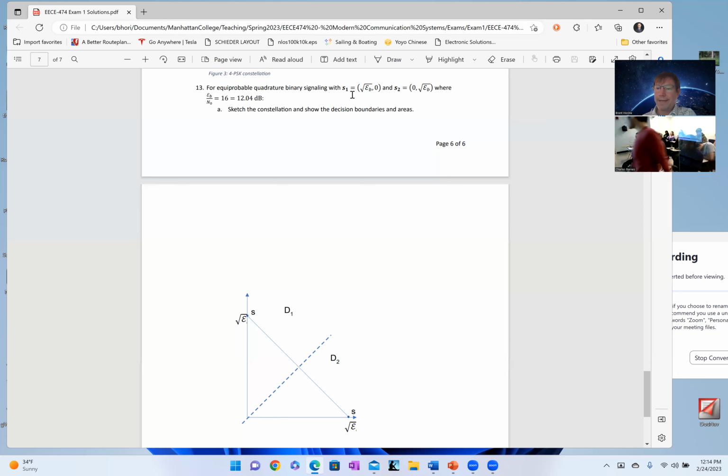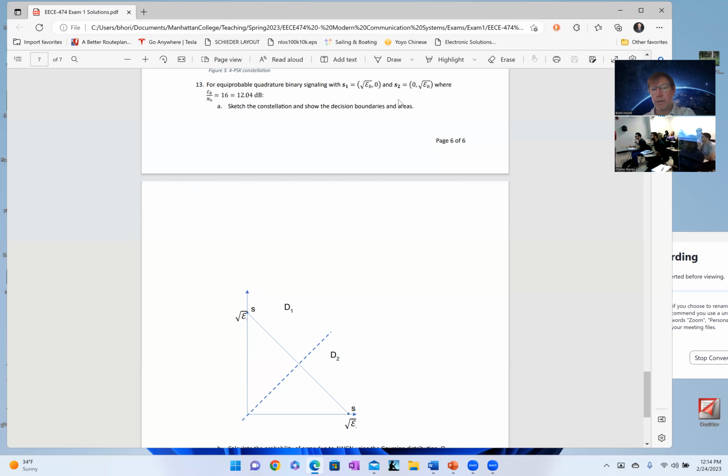And so I go ahead and give you that information here, saying that we have two symbols, symbol one and symbol two. And that one is going to be at coordinate the root of the energy per bit, comma 0, right? So it's on the real axis. And S2 is on the imaginary axis, so it's in quadrature with the other one.